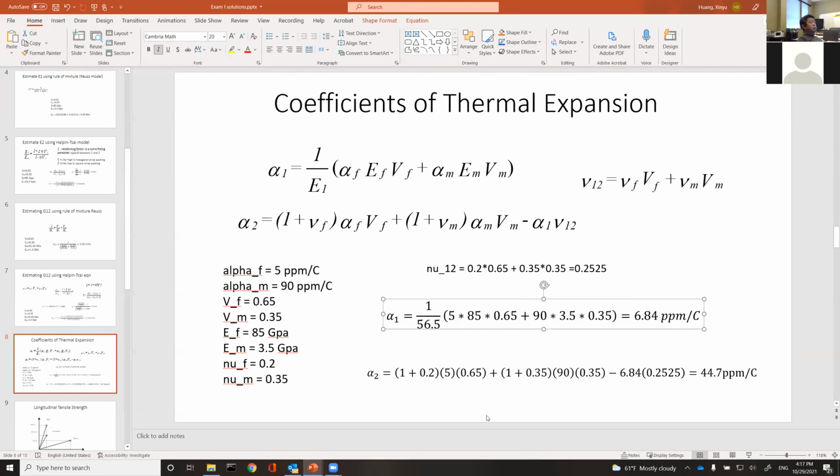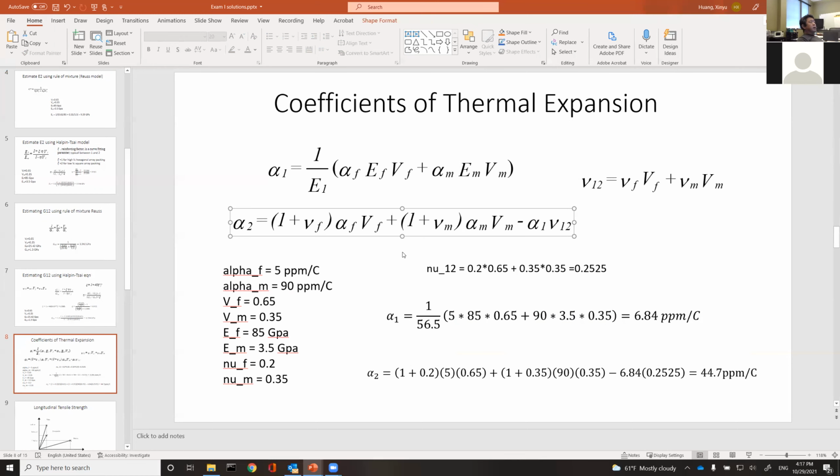For alpha 2, we've got to use this equation. This is the transverse thermal expansion. And this equation requires alpha 1 that we pre-calculated from this equation. It also requires a parameter nu12, which you need to pre-calculate to use this equation. Nu fiber, volume fraction fiber, nu matrix, volume fraction matrix. I have nu fiber, nu matrix read off from the table.